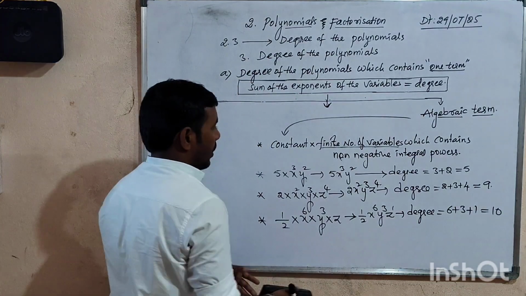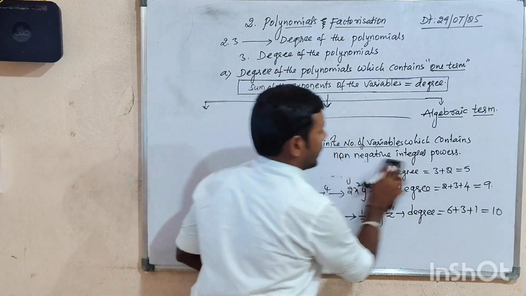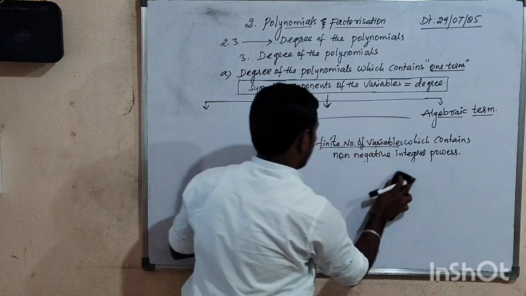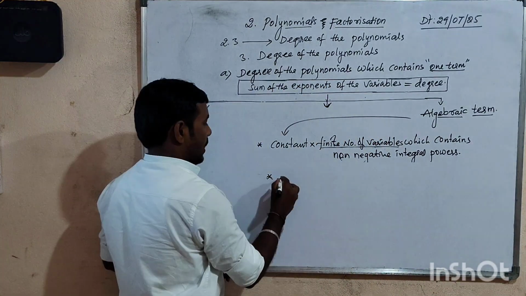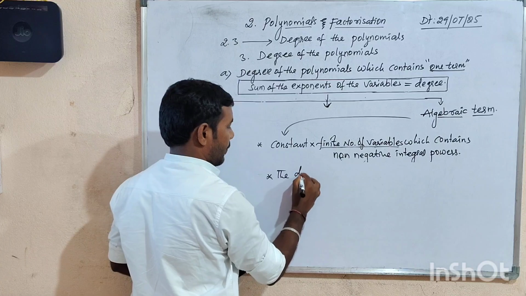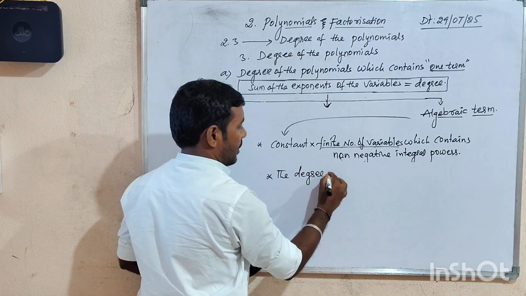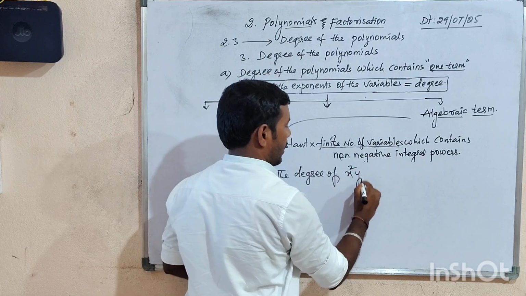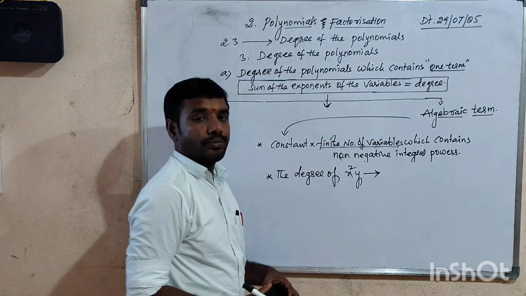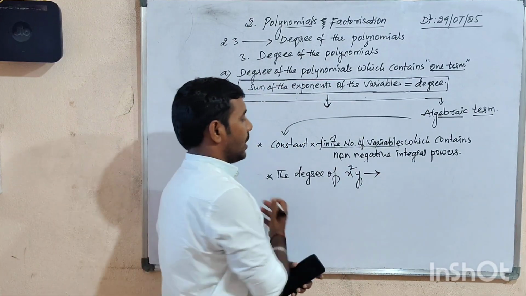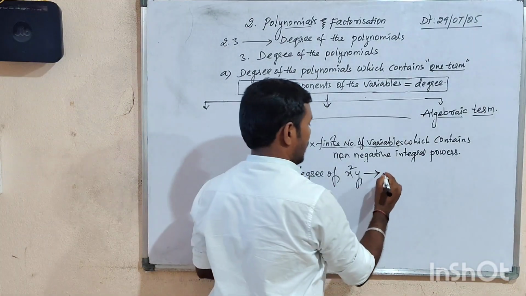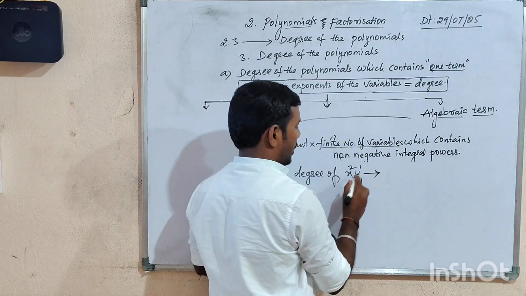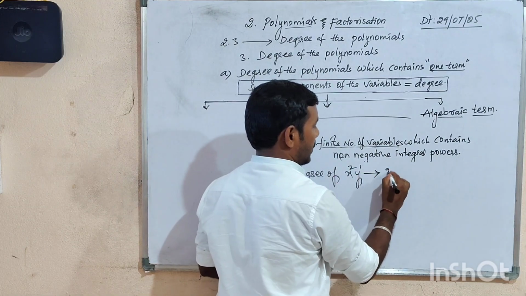So I want to give a few more examples. Concentrate, students, very important from the exam point of view. One question: the degree of x square y. What is the answer? The answer is based on this sentence. The degree is equal to the exponents of the variables, 2, here 1. 2 plus 1.